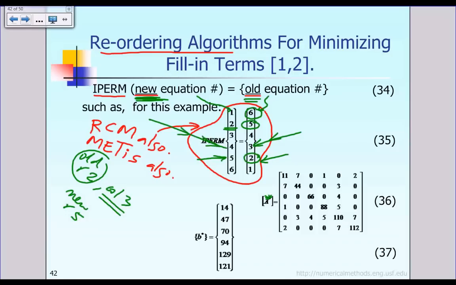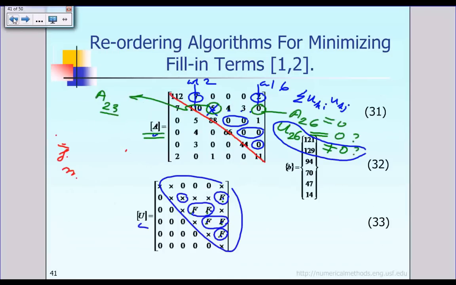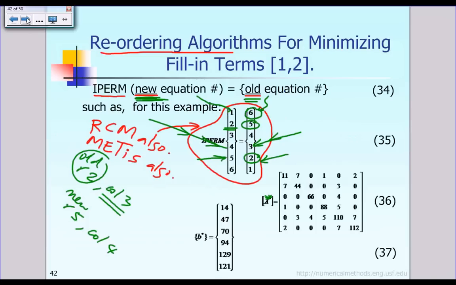So this will become the new column 4. And therefore, as you can see, that value number 5 that used to reside in row 2, column 3 will now move to the new location, row 5, column 4, which is right here.